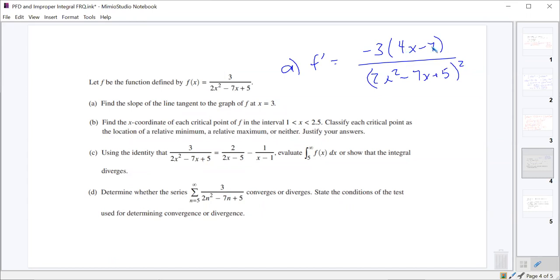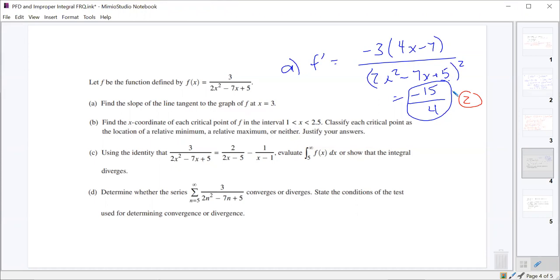So that's 12 minus 7 is 5, so that's negative 15 in the numerator. And let's see, 18 minus 21 plus 5 is 2, squared is 4, so negative 15 fourths. And they were kind enough to give you 2 points for getting that value for some reason.